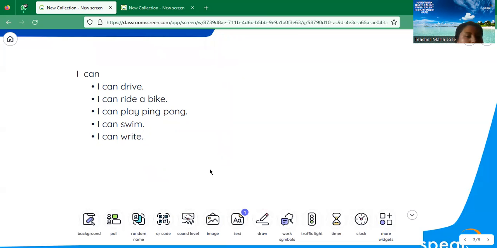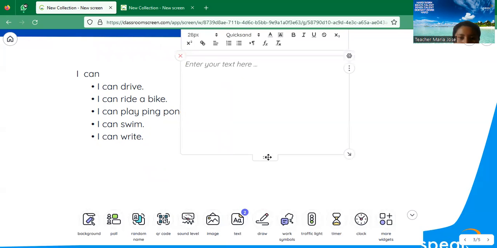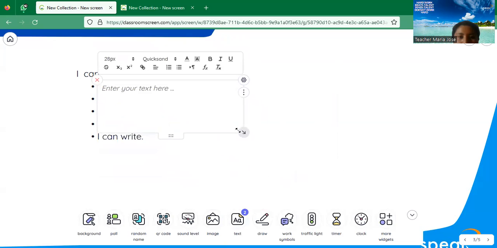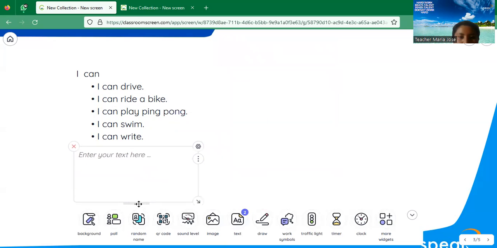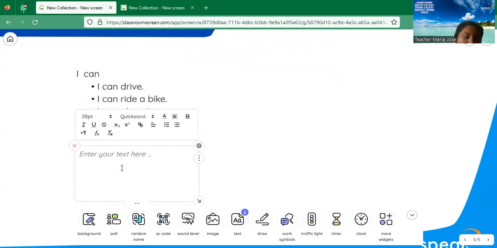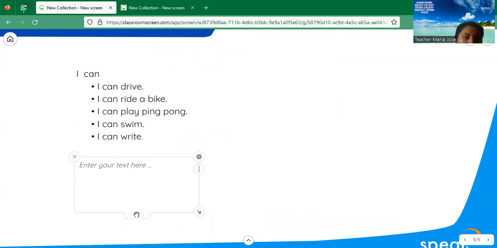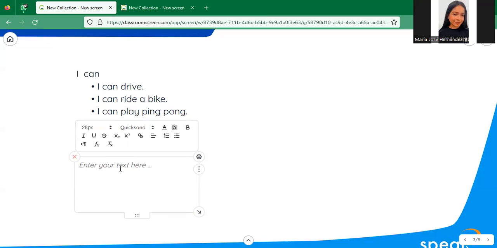Okay, now with these examples, if I want to say that I agree to this information, how do I do it for the affirmative? For example, if I tell you I can drive, and I want to agree with that, how do I do it? Yes, I can. Okay, yes, I can is the answer to a question, but this is not a question.